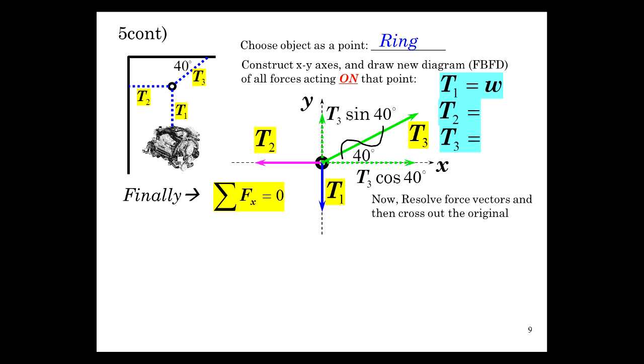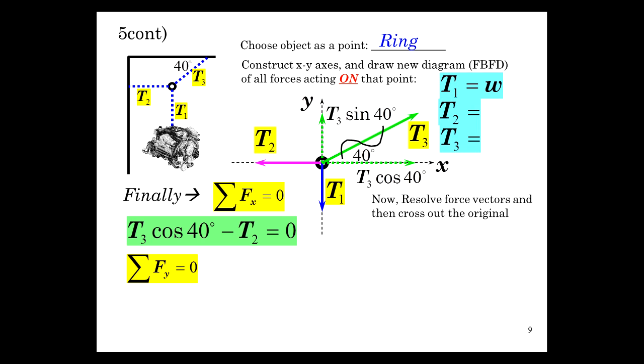So the sum of the forces in the x direction is certainly 0. There's no accelerations going on. And in the x direction, we have T3 cosine of 40, that's this component, minus T2 equals 0. And the sum of the forces in the y direction is also 0.